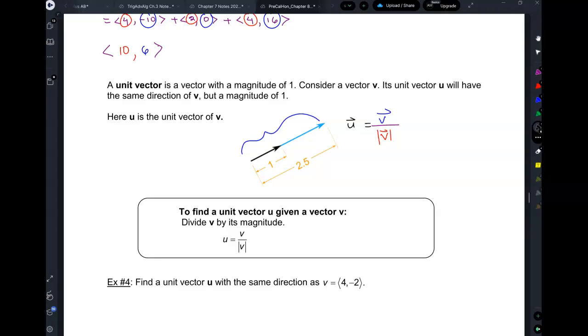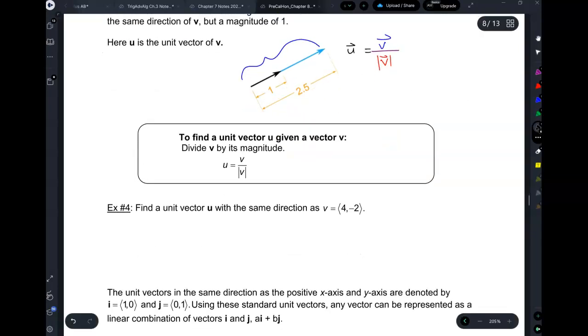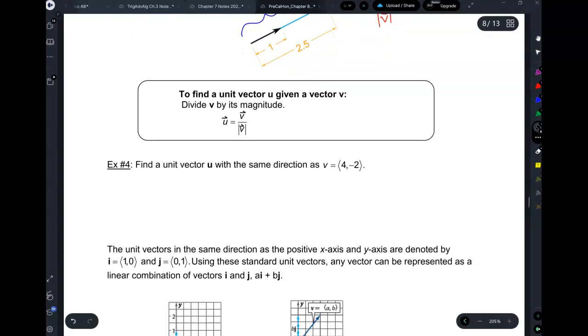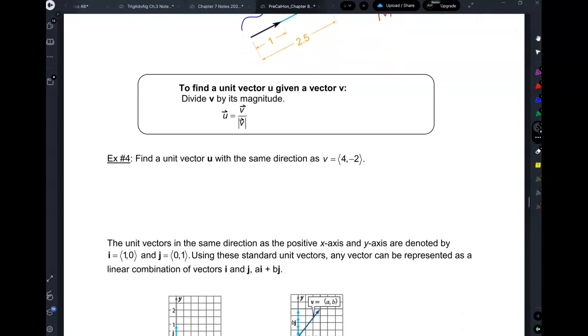Mathematicians are just not very creative when it comes to labeling things, right? U for unit vector, V for any old vector. Okay? So that's how you find a unit vector, U.